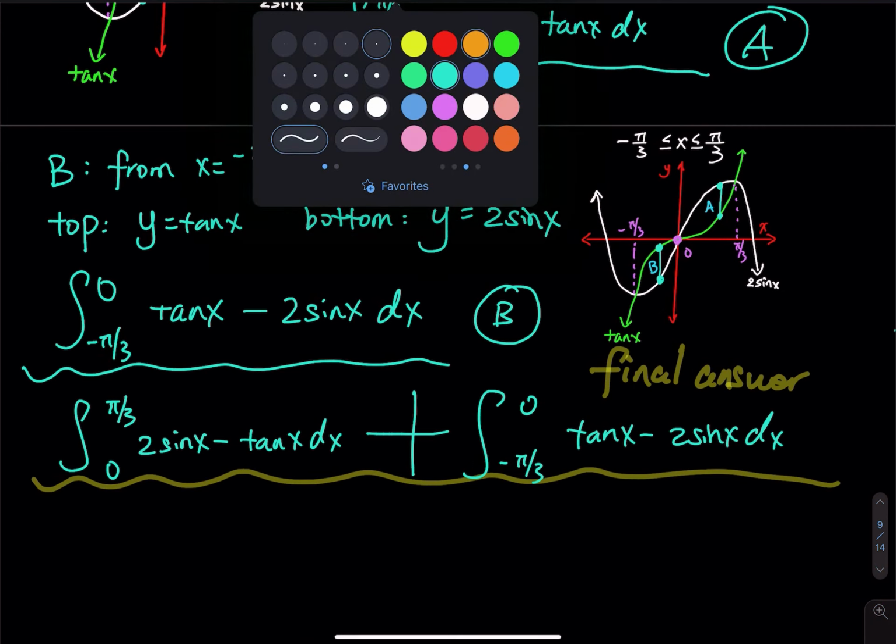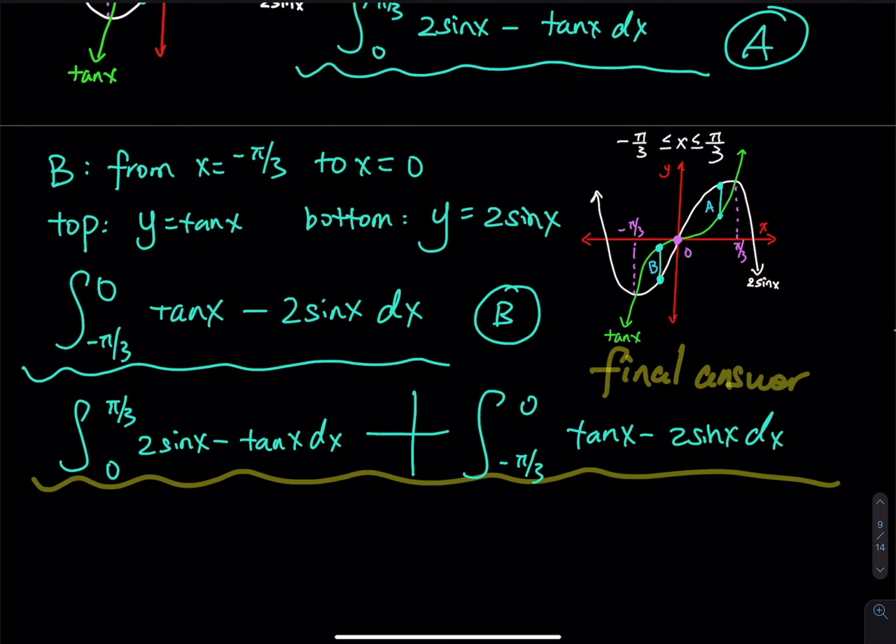Another way to do this is you can have the integral from 0 to pi over 3 of 2 sine x minus tangent x dx. So this is only for area A, right? But you know that B and A, they are equal. So all you have to do is just multiply by 2. That's it. Then you don't have to set up the other integral.